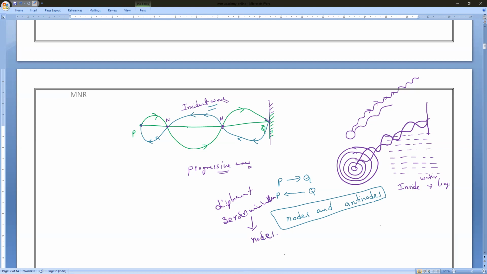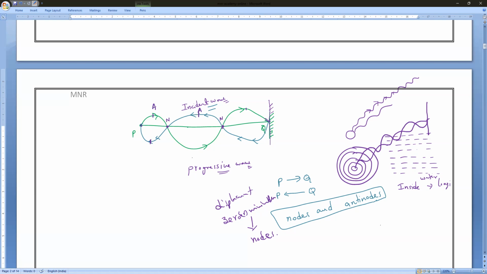And the points where the displacement of the vibrating particle is maximum, that is the point which we call what, everybody? Please say antinodes. So those are antinodes.